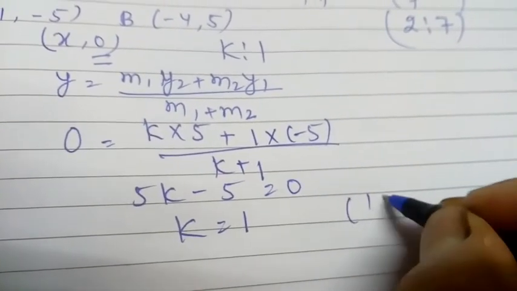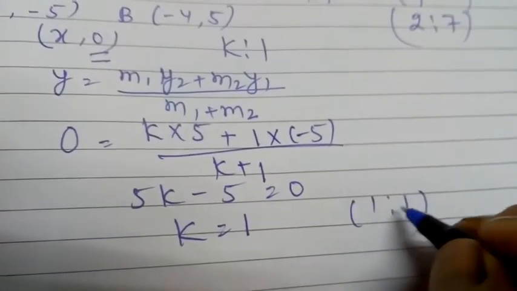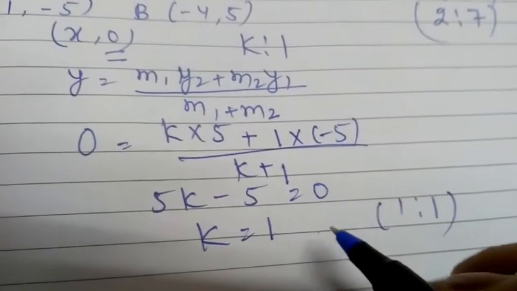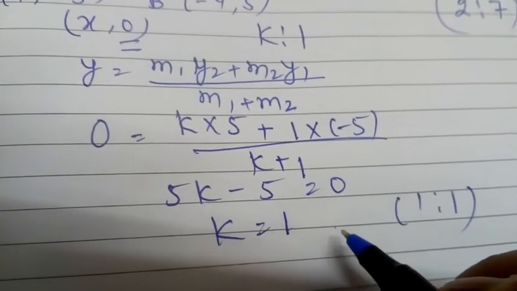It means the ratio is 1 is to 1. K equals 1, it means 1 is to 1. And also find the coordinates of the point of division.